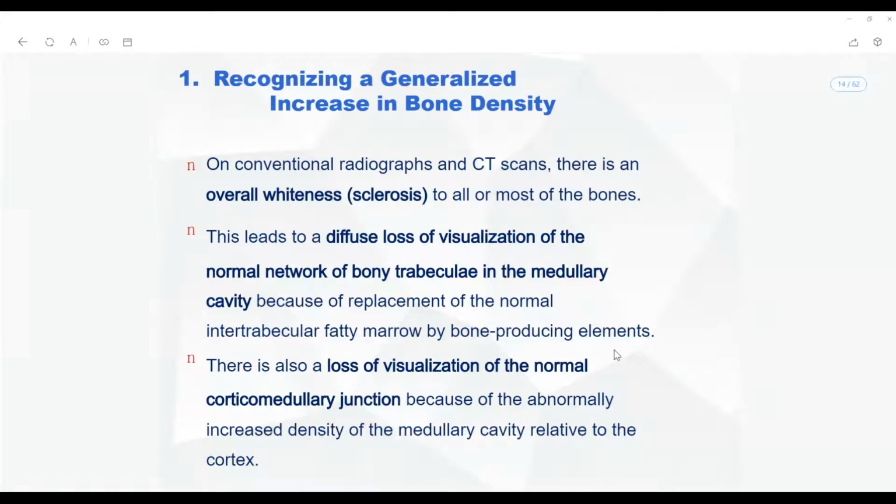So the trabeculae are completely normal, but they are replaced by bone producing cells. That's the reason the surrounding trabeculae look completely black, and some parts of the bones look white. Did you understand this logic here? Yes or no? Right? Yes?